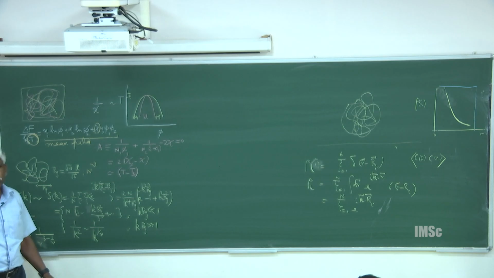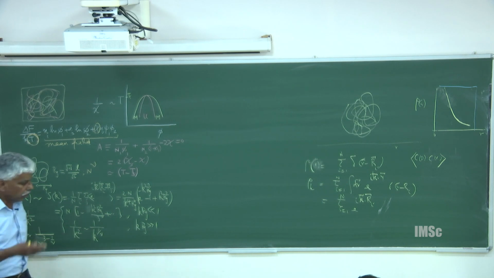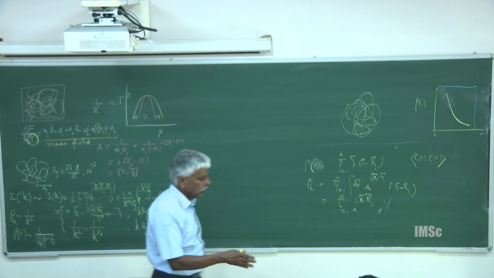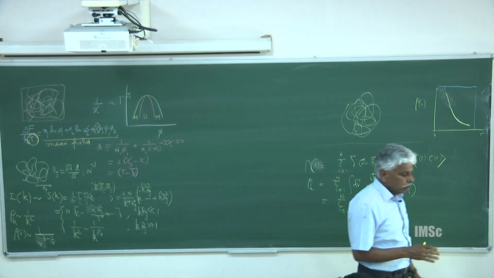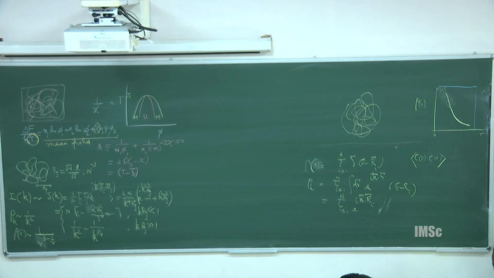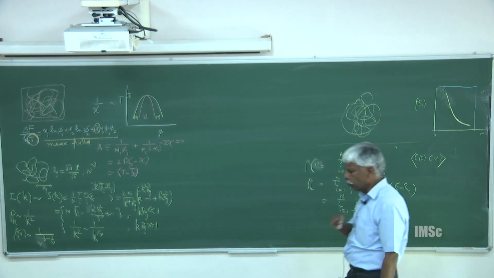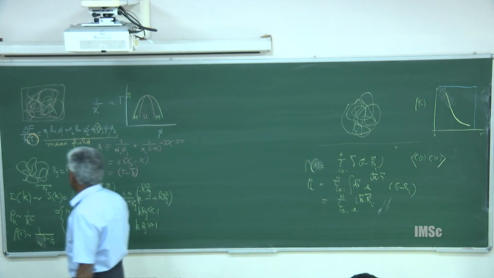So, semi-flexible chains would be somewhere between 0.6 and 1 depending upon the extent of semi-flexibility. It could be 0.8, 0.9, 0.7, but never 1, unless it is really a short double stranded DNA.